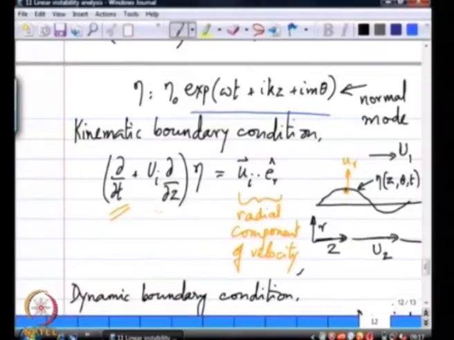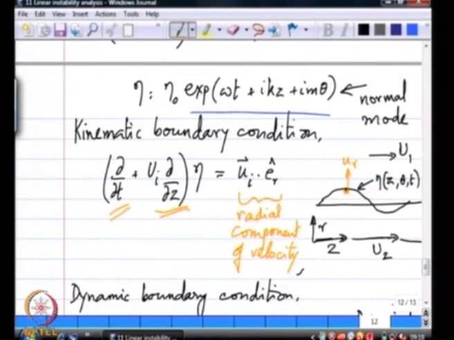The second part, corresponding to ui times the partial derivative of eta with respect to z, accounts for the fact that even if there is no growth of eta with respect to time, eta has a sinusoidal form and that sinusoidal form is being advected downstream.